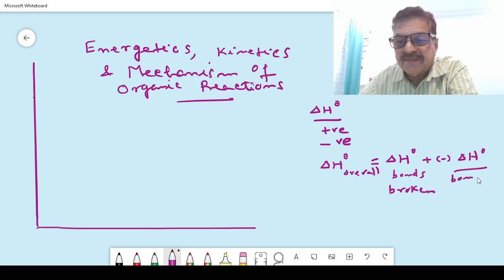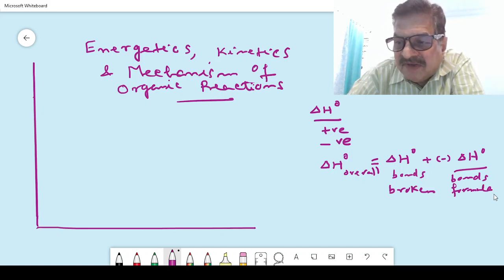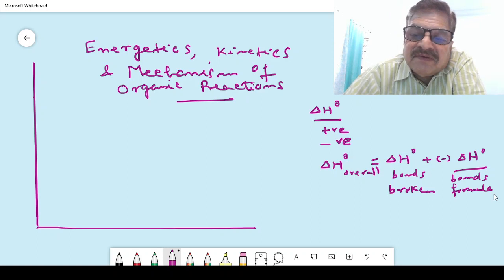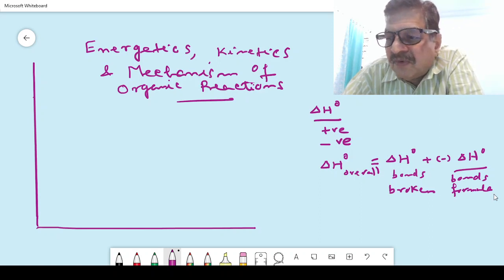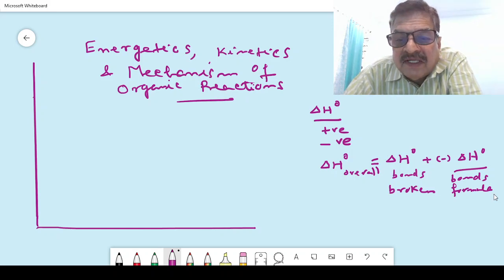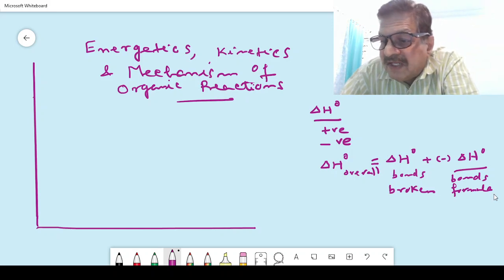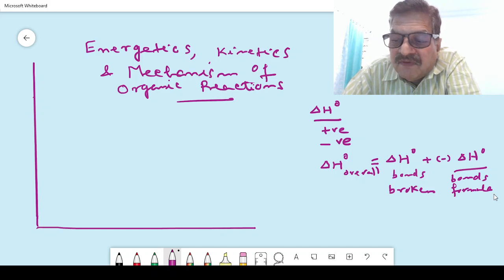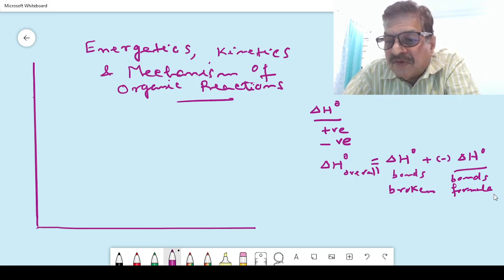This is the formula by which we calculate the overall enthalpy change in a reaction in which several bonds are broken and several bonds are formed. The total enthalpy change is known as delta H overall.